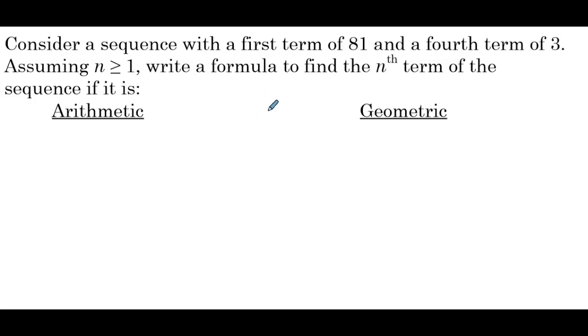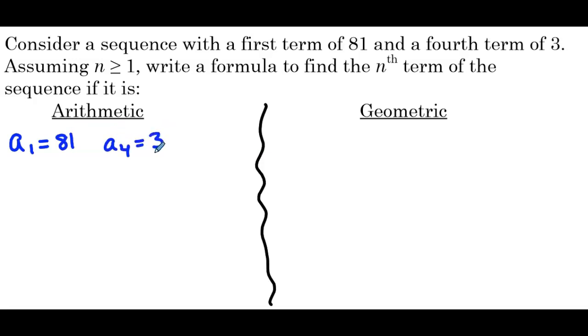So what we can do is we can split the page right down the middle, and let's start by thinking of these two terms as terms of an arithmetic sequence. So the first term is 81, so a sub 1 is 81, and the fourth term is 3, so a sub 4 equals 3. So we can express both of these as points, so (1, 81) and (4, 3).